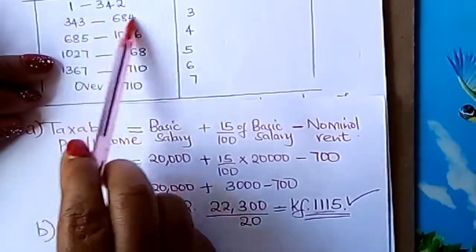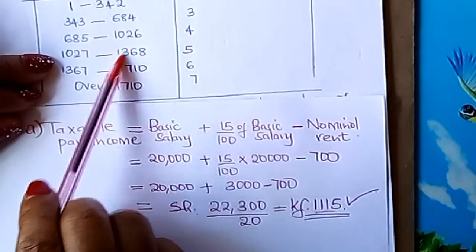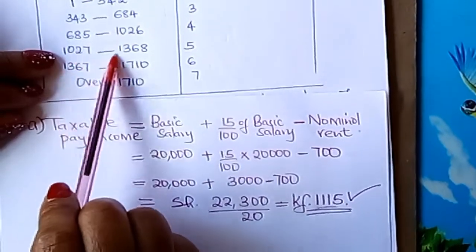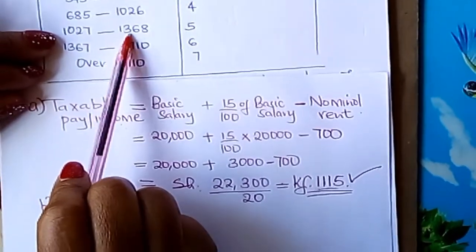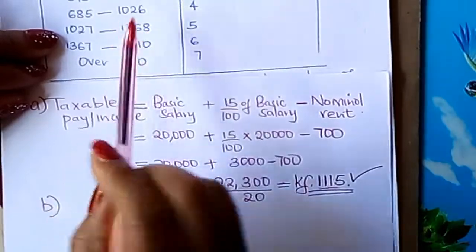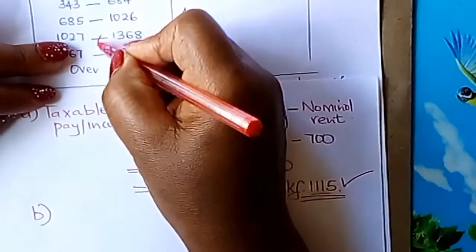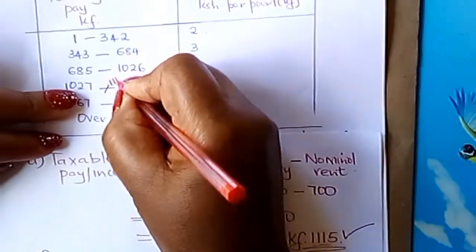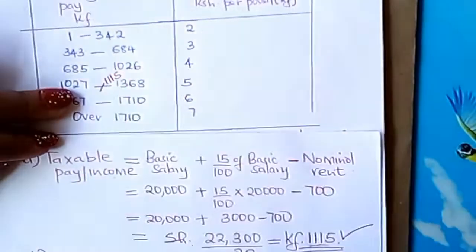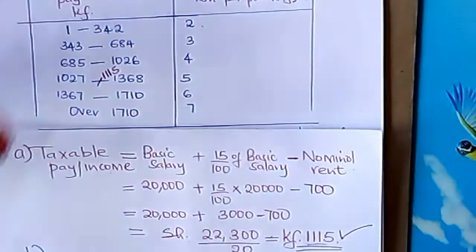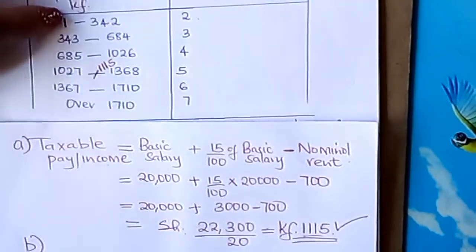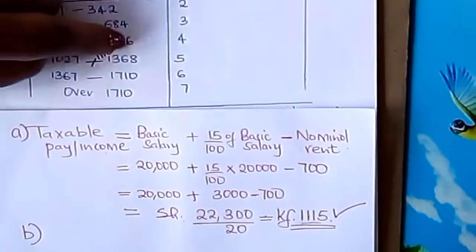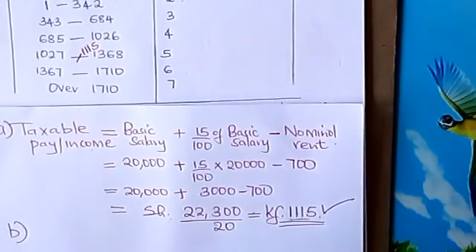This is 1,026, and the upper one is 1,368, and therefore our taxable income goes up to here. Write it down so that you don't forget, learner. So our taxable income will go up to the fourth slab, 1, 2, 3, 4, or the fourth band.